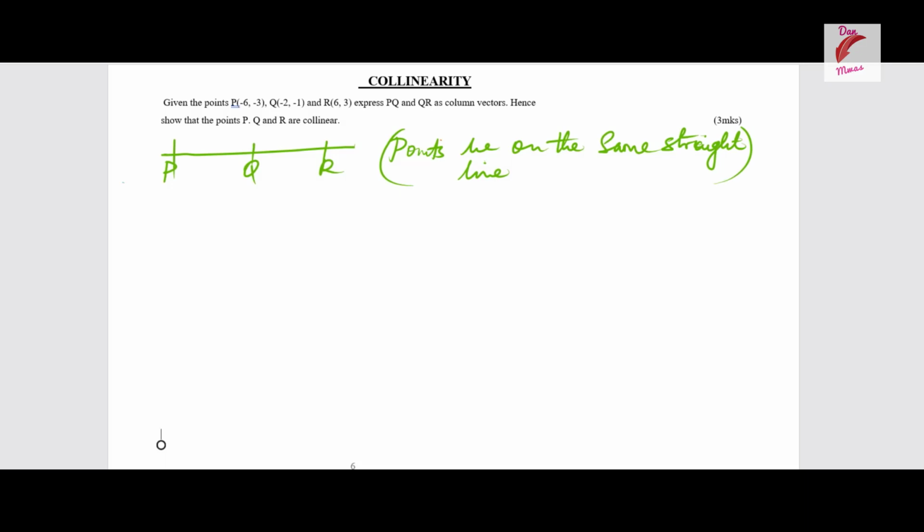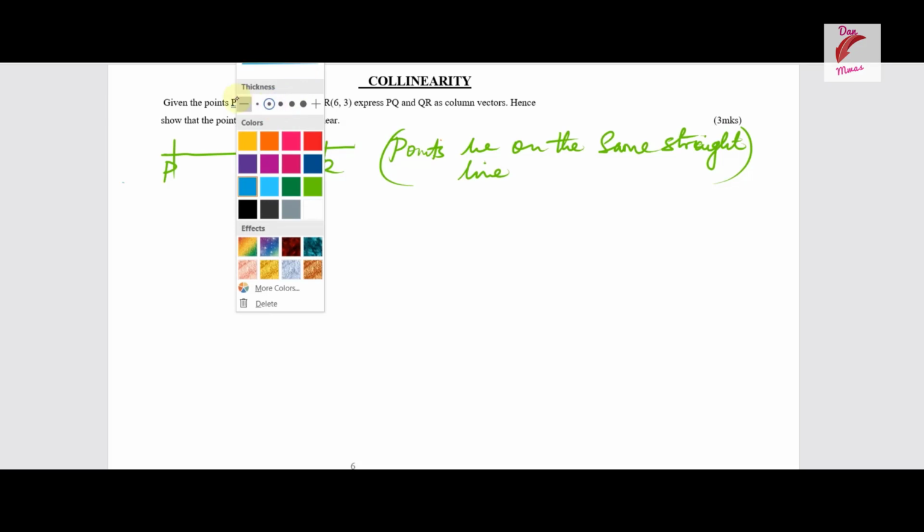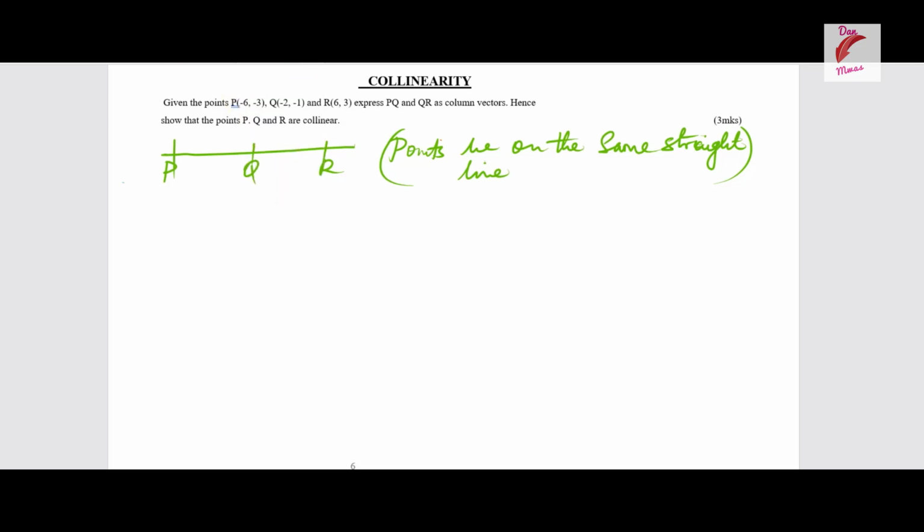Now, in showing that these points are collinear, we need to show 2 things. One, that the two vectors are parallel, and in this case it is vector PQ and QR.